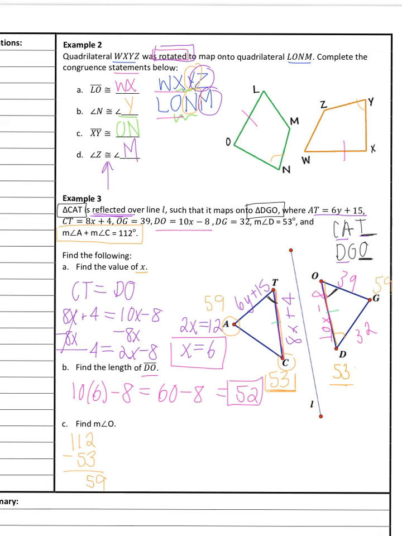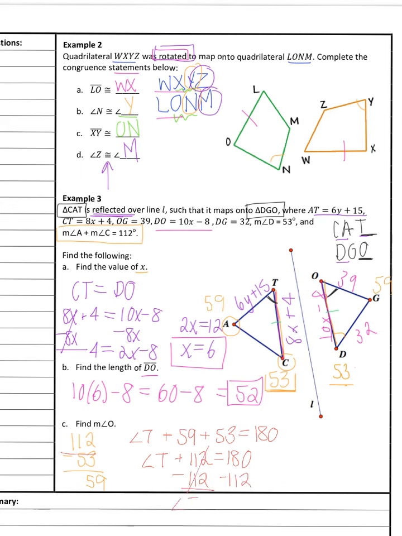And since I know two of my angles, I can now use our 180 rule. That says angle T, which would be the same as angle O, plus 59 plus 53 has to give me 180. Well, 59 and 53, we already know that that's going to add up to give us 112. So angle T plus 112 equals 180, minus the 112 over.